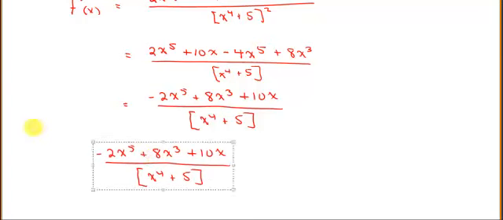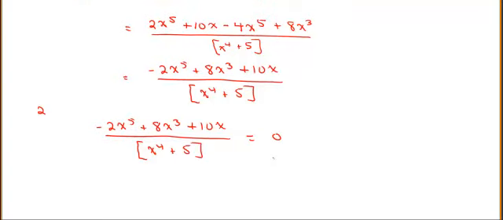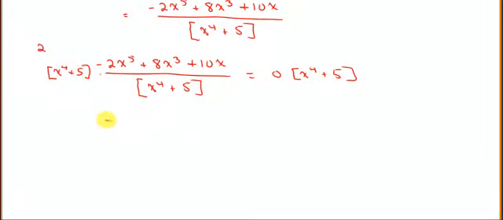This, remember, was the second step in our strategy here. Now I can multiply both sides by x to the fourth plus 5 squared. On the left, I'll simply have negative 2x to the fifth plus 8x to the third plus 10x, because the denominator will cancel.